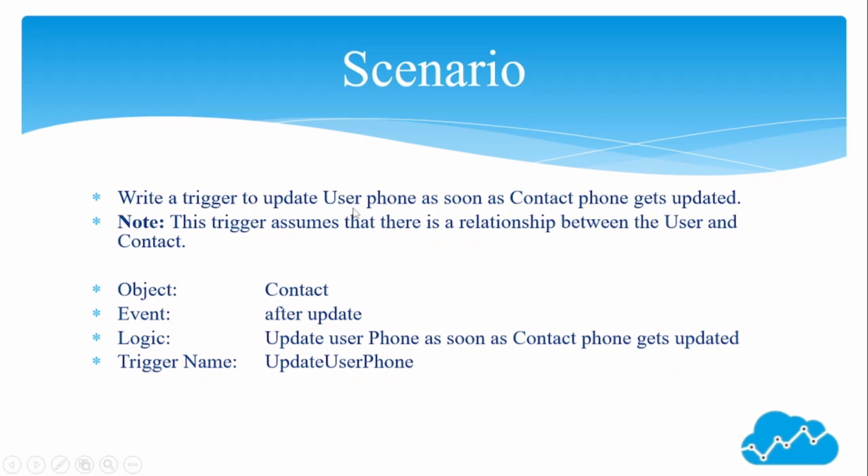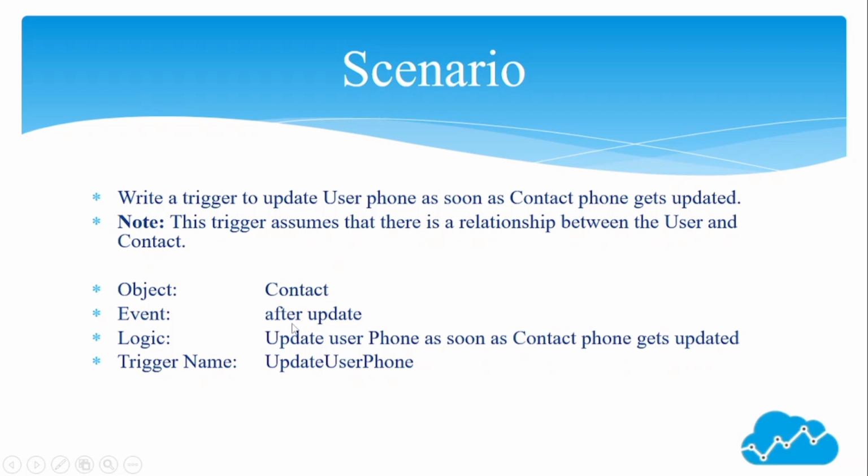So what will be the object? We have to write the trigger on the contact object, as the contact phone is getting updated. So the object will be contact, and for which event?